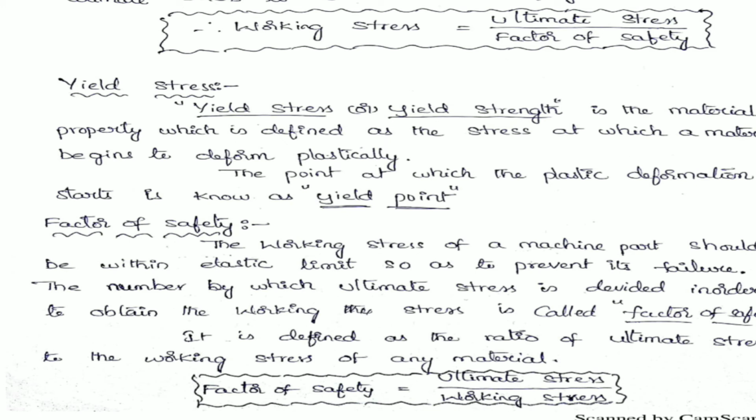Next important point, what is the factor of safety? Factor of safety is defined as the ratio of ultimate stress to the working stress of any material. Finally, factor of safety is equal to ultimate stress divided by working stress.